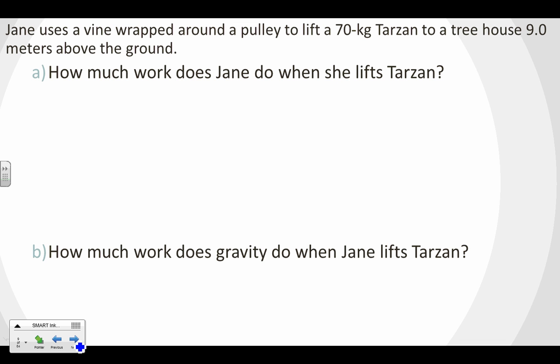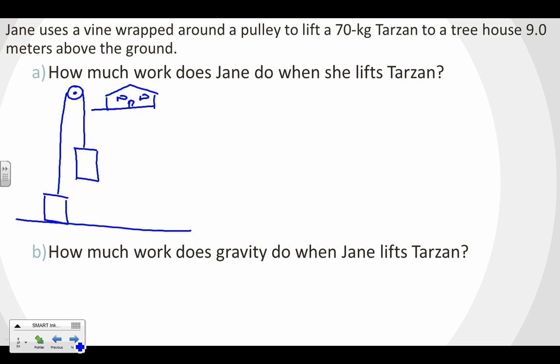We've got basically a pulley system. It's wrapped around a pulley. Here's your treehouse, up in the trees. We've got a pulley system. Here's Tarzan. I won't use T, that's about the worst variable I can use. Tarzan, and here's Jane.